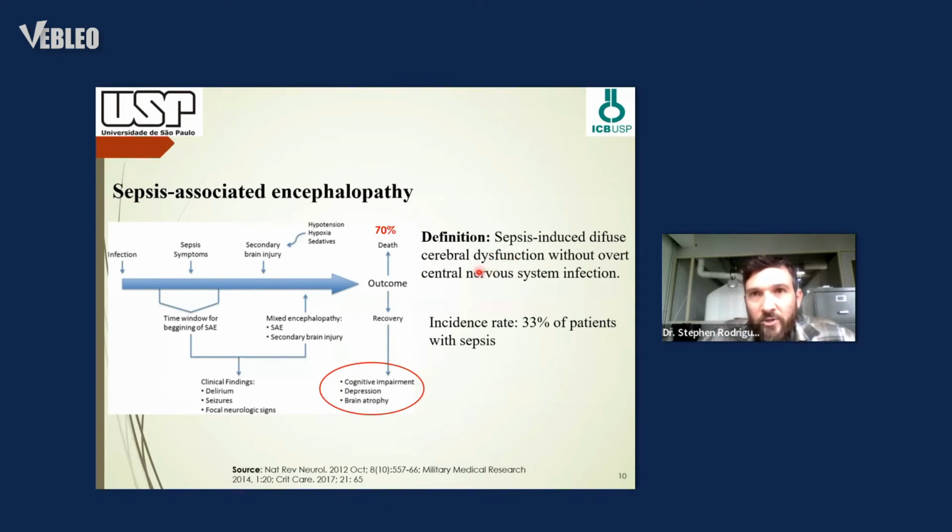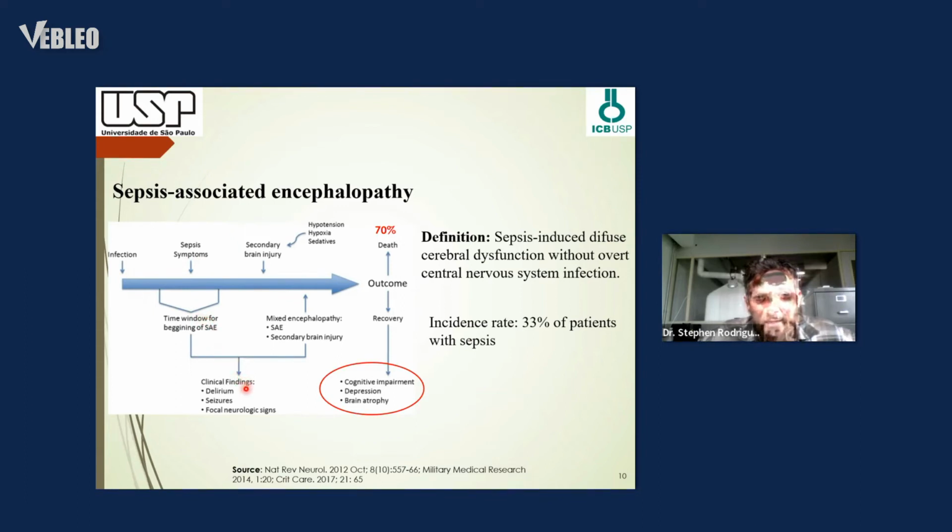Sepsis is a condition in which there is a systemic inflammation caused by infection. In this model, we induce infection, and there are symptoms of sepsis in the whole body, including the brain.